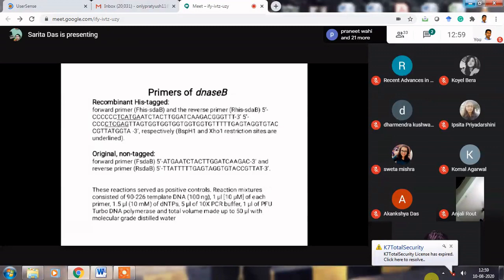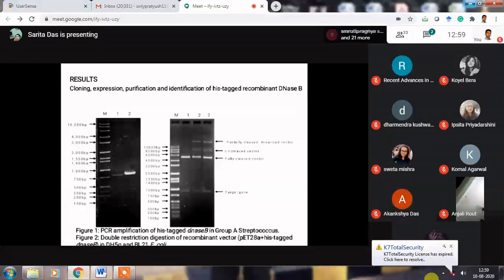We had also used the original non-tagged primer, and the first figure shows the PCR amplification of the DNase B. Lane 1 shows the amplified DNA with the original primer, which is 816 base pair, but the second lane of the first figure shows the recombinant His-tagged DNase B, which is somewhat heavier, 840 base pair, because of the addition of six extra histidine codons.